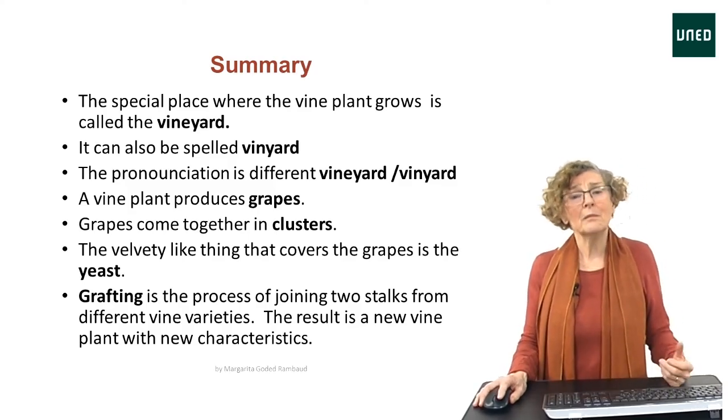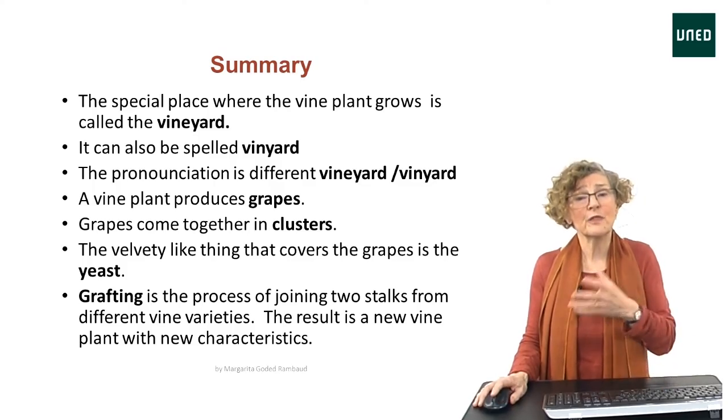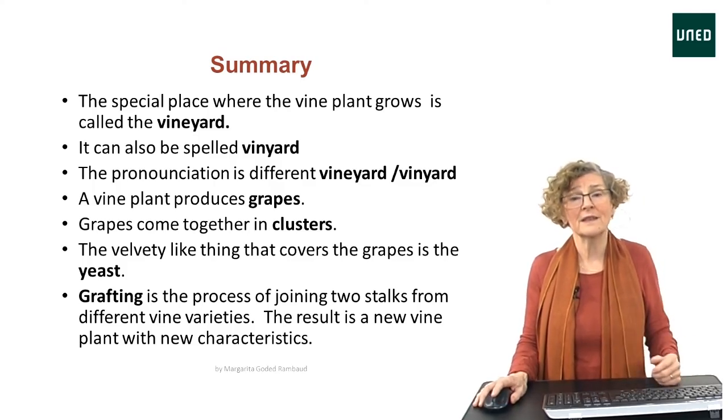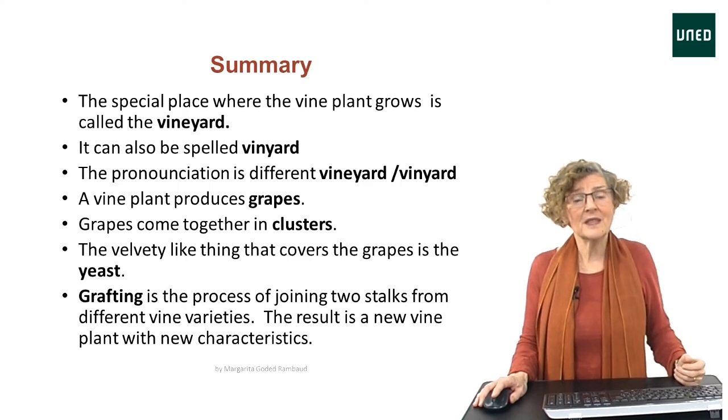The yeast is a microorganism, we'll also learn this, that helps fermentation. We'll see more of that later on. And the other word that is interesting to learn is the word grafting, which is a cutting technique used to produce better grapes.